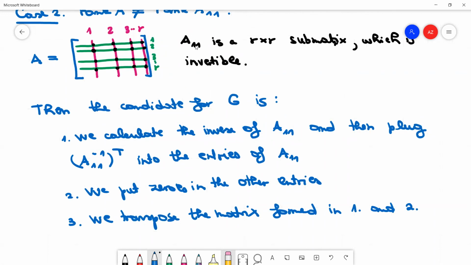So here we have the entries. So we have A11. This is the submatrix in these black points. We invert it, then we transpose it, put it in these corresponding points in the submatrix of A, then put zeros in every other entry, and then transpose everything so that we really change the number of rows and columns.